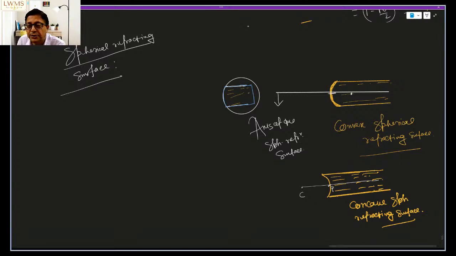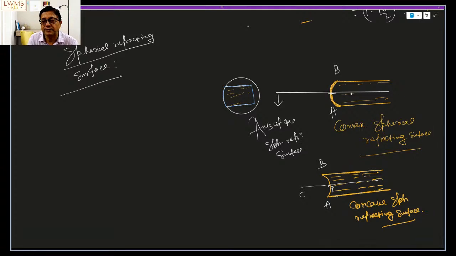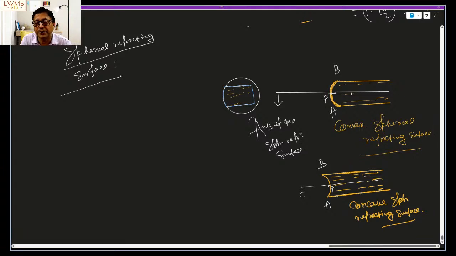This is the midway between these 2 points A and B, taken here also. Here also. Okay, this is midway. We don't say it is pole. You say pole, no problem, but it is a spherical refracting surface. No? Midway between the two end parts is called the pole in case of a spherical mirror. Here it is just the point midway between two.